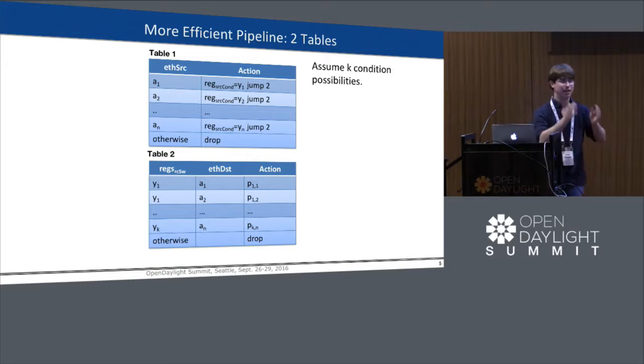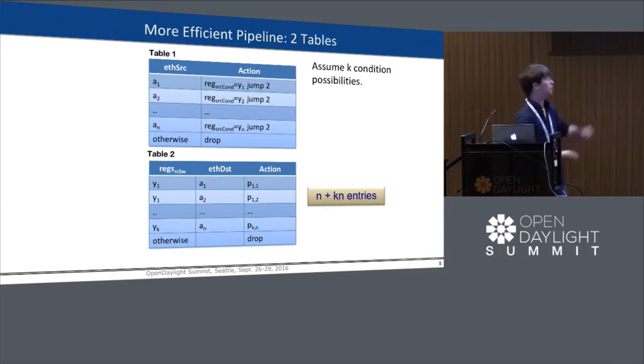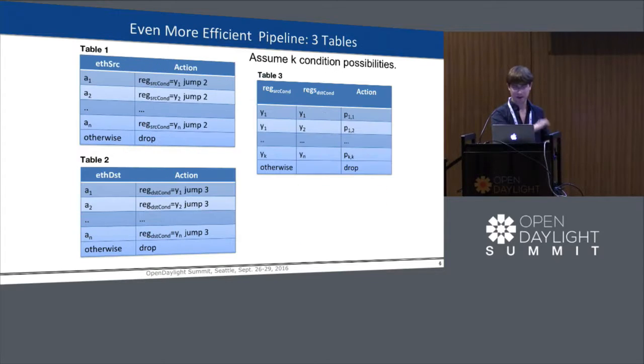Then we can take that condition ID and the destination port and map it to an action. This gives us a total of n entries for the first table and k times n entries for the second table. Provided that k is smaller than n, however, there exists a third, obviously better paradigm.